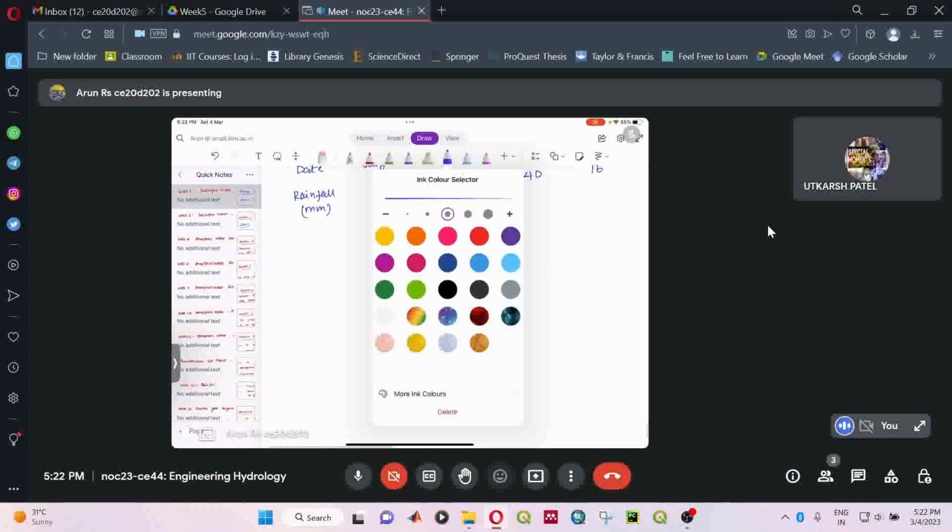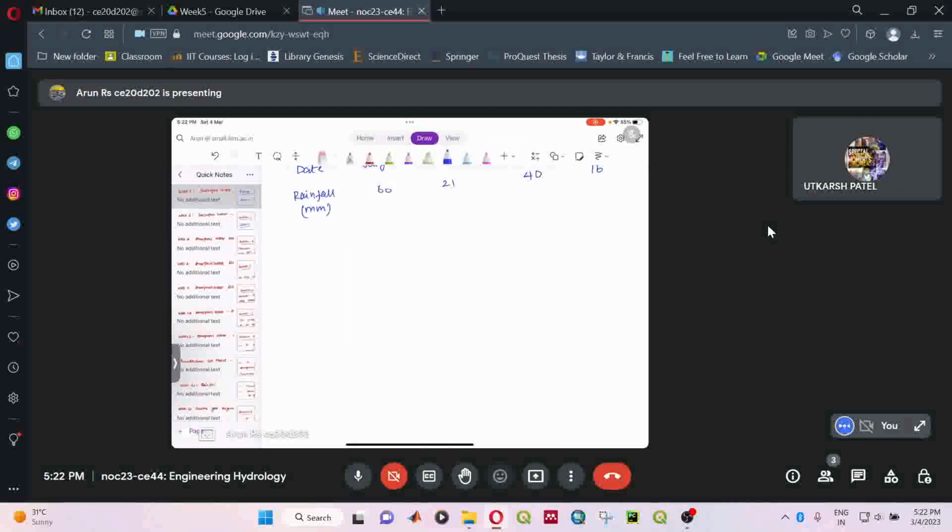So we know the SCS curve number equation. Your runoff can be written as Q equals P minus 0.2S the whole square divided by P plus 0.8S, provided your precipitation is greater than 0.2 times S, the initial abstraction IA, that is equal to 0.2S.